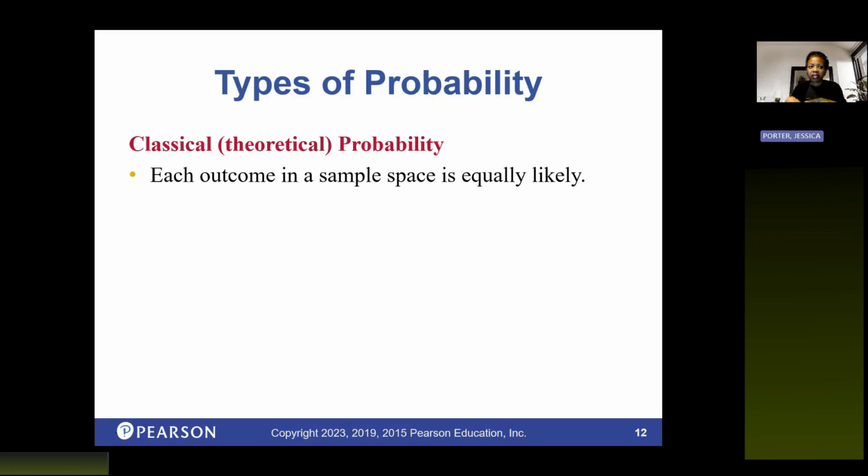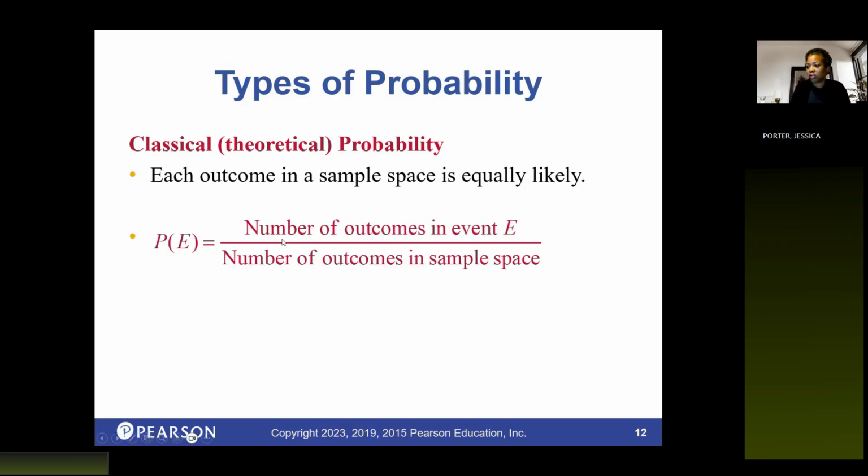Each number has a 1/6 chance of being rolled. So the probability of an event is the number of outcomes in event E divided by the number of outcomes in the sample space.